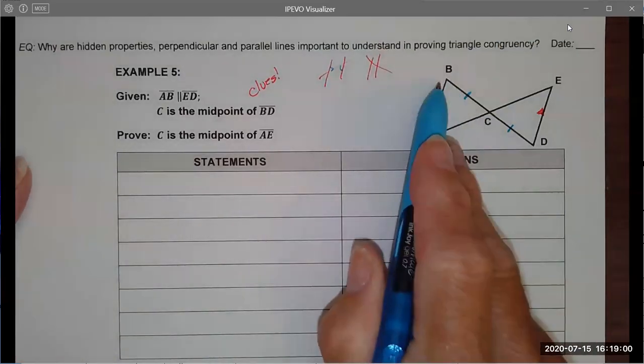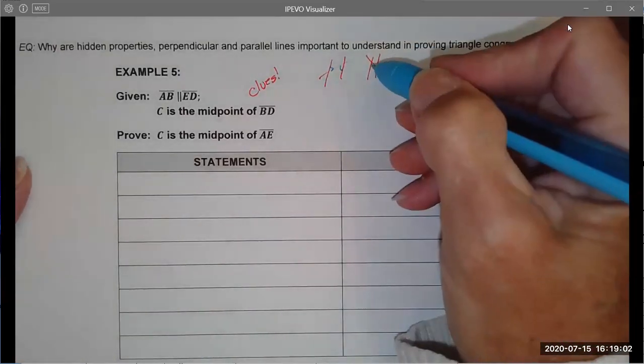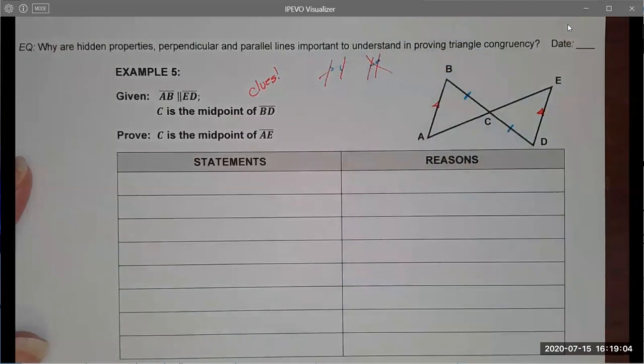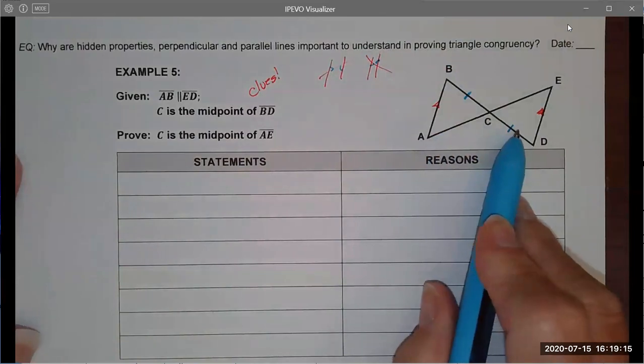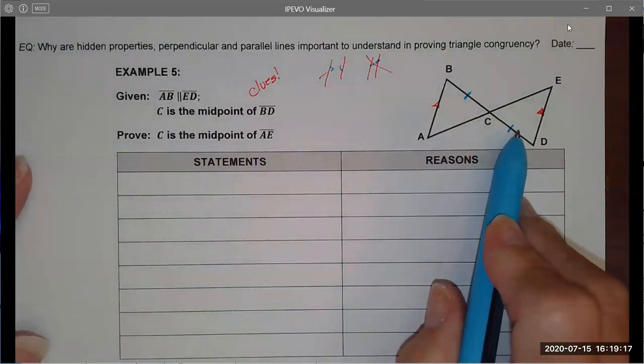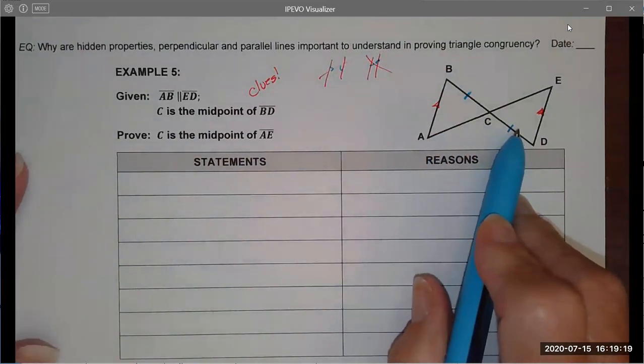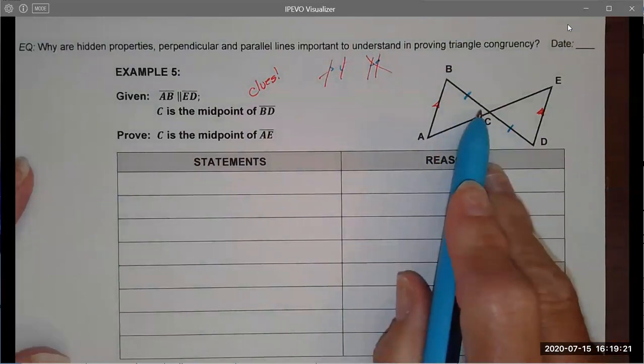I could say that B is congruent to D. Or I could grab the vertical angles, the hidden congruency that's right there. So I actually could prove that all three angles in the left-hand triangle are congruent to their corresponding angles in the right-hand triangle. And I could be done if there was an AAA postulate, but there's not. So I do have to use this side.